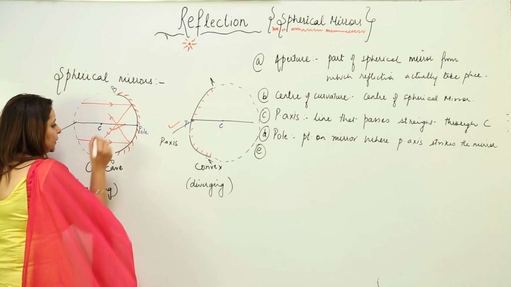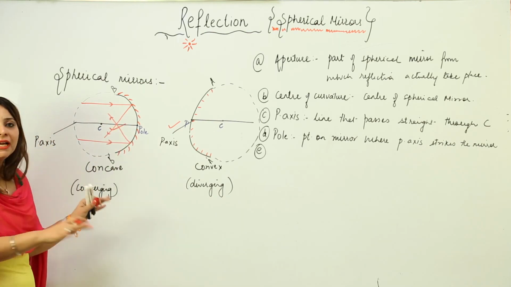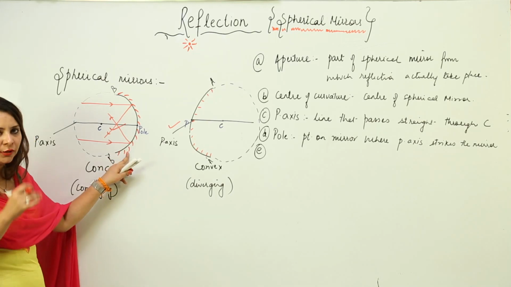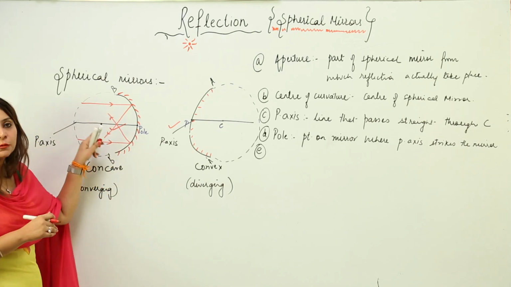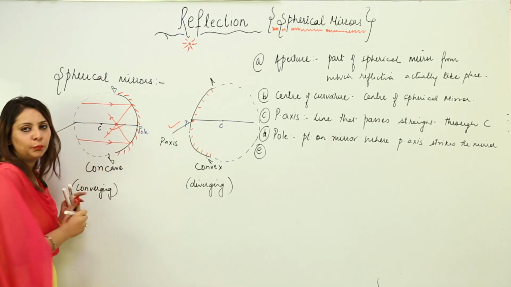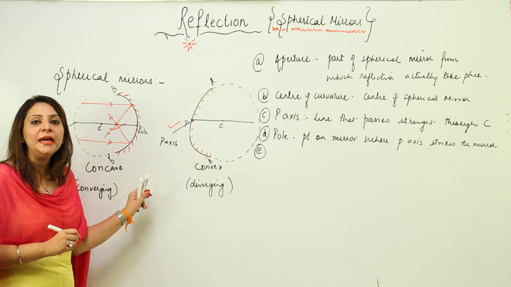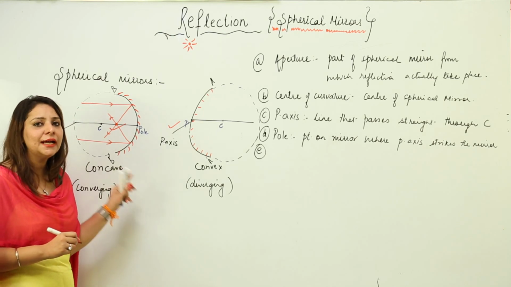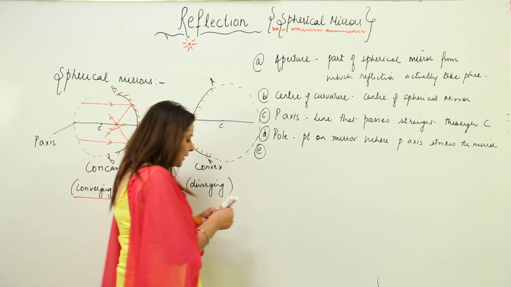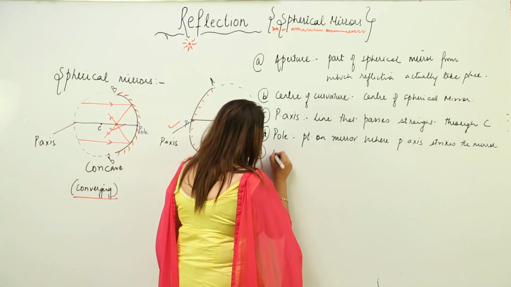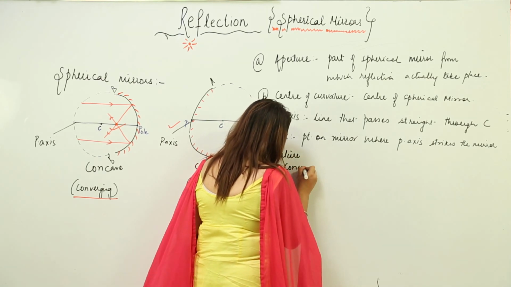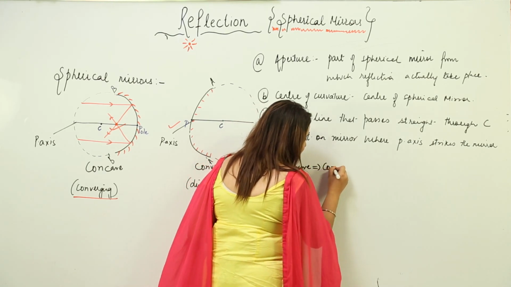So what we observe is, suppose there are so many rays falling on the concave mirror. Whenever they reflect back, they are going to meet at one point. This kind of mirror which makes all the reflected rays meet at a point is called a converging mirror. So if we talk about the nature, our concave mirror is a converging mirror.